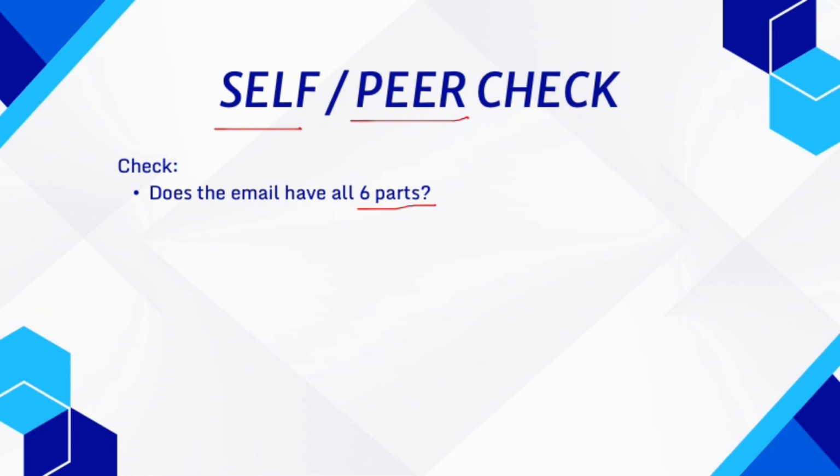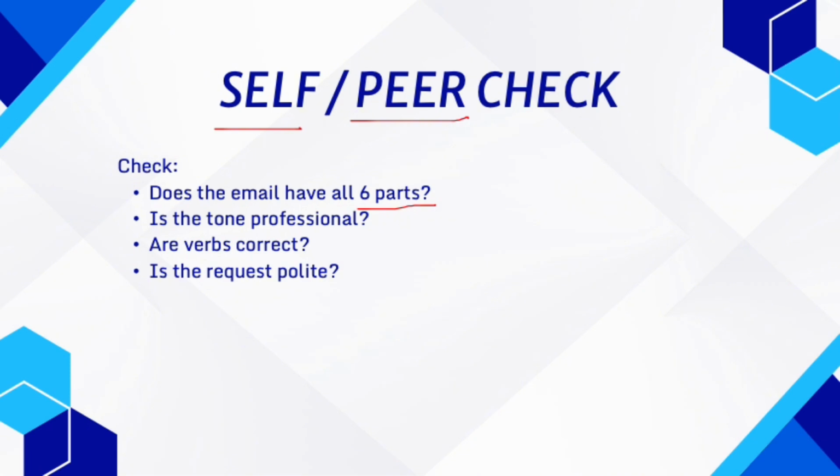There were 5 bullet points on the last slide, but the explanation was the detail and the purpose. Is the tone professional? Also check, are the verbs correct? Remember, you were supposed to use one past tense verb. And is the request polite?